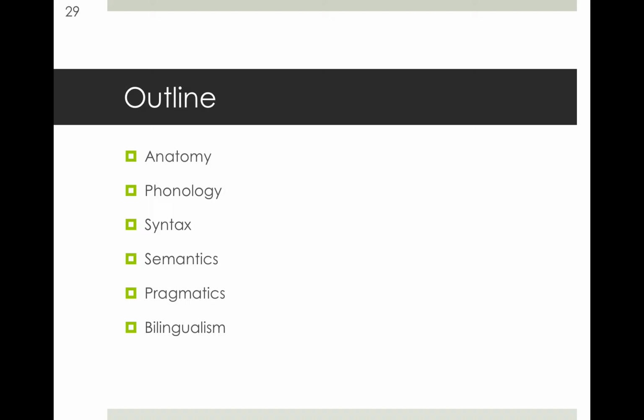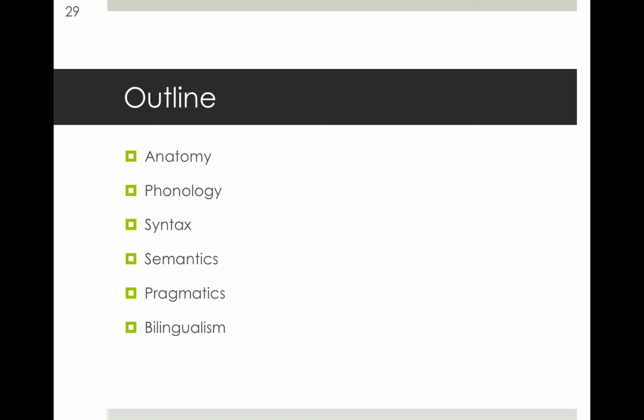Okay, so the outline: I'll talk about the anatomy. The anatomy of language is really well studied, and it's been studied since the 19th century. So I'll give you the 19th century model, and then I'll give you the 21st century model. And then basically I'll go through all the major topics that neurolinguists, or people who study the neuroscience of language, care about.